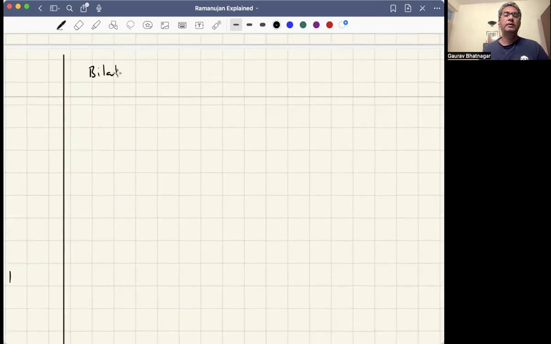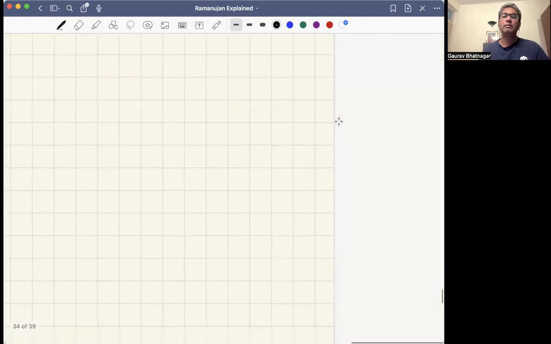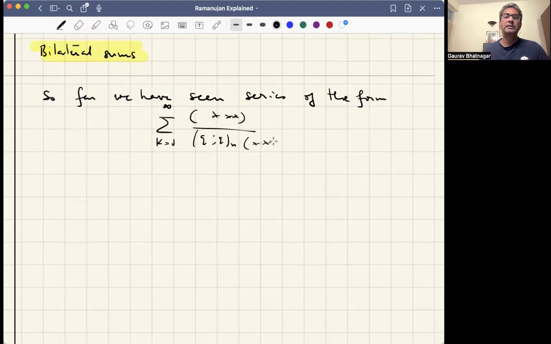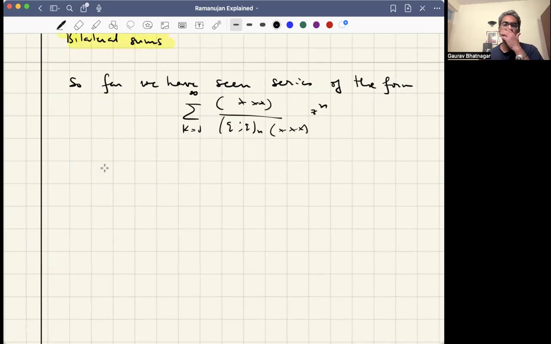So far we have seen series of the form summation k going from 0 to infinity, with something on the top, (q;q)_k at the bottom, something else, and maybe z raised to k.